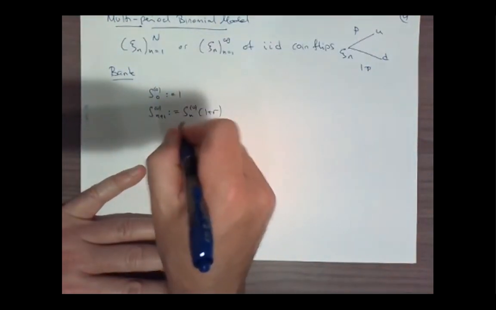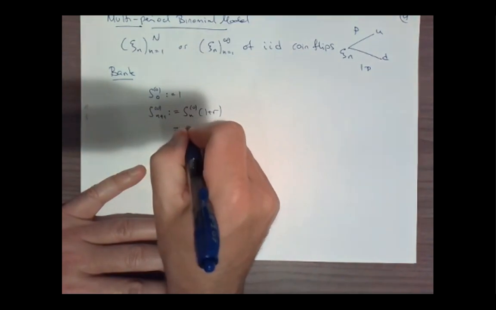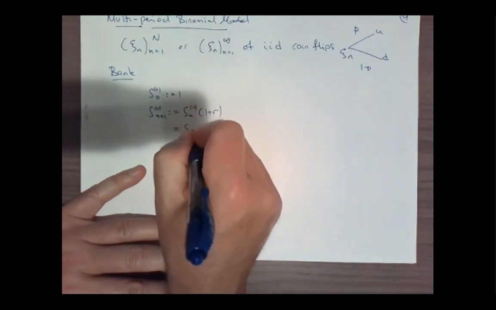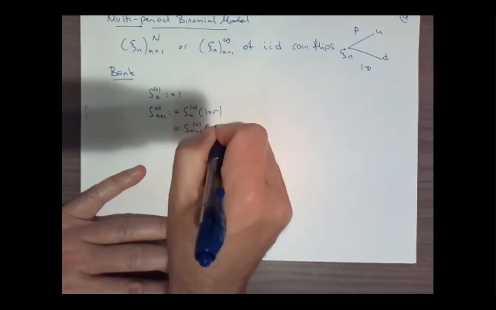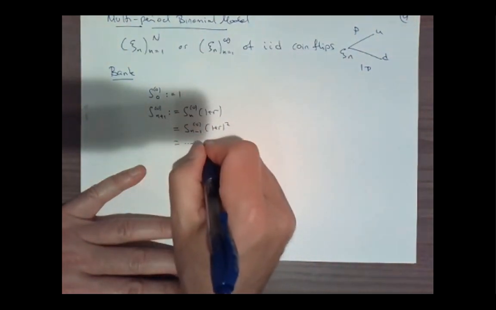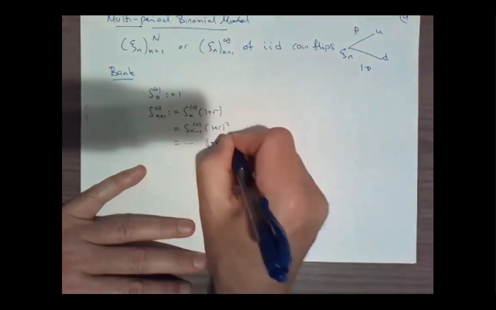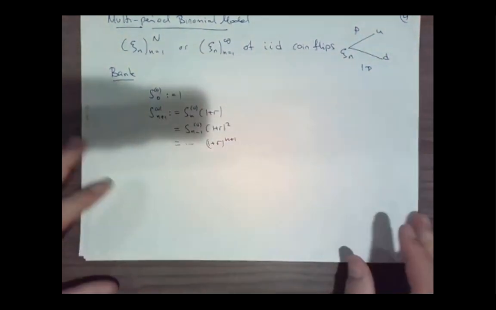And of course you can iterate here. You can say that this is Sn minus 1, and then you get 1 plus r squared. You can keep doing this, and then ultimately you end up with 1 plus r to the n plus 1, if you so desire.